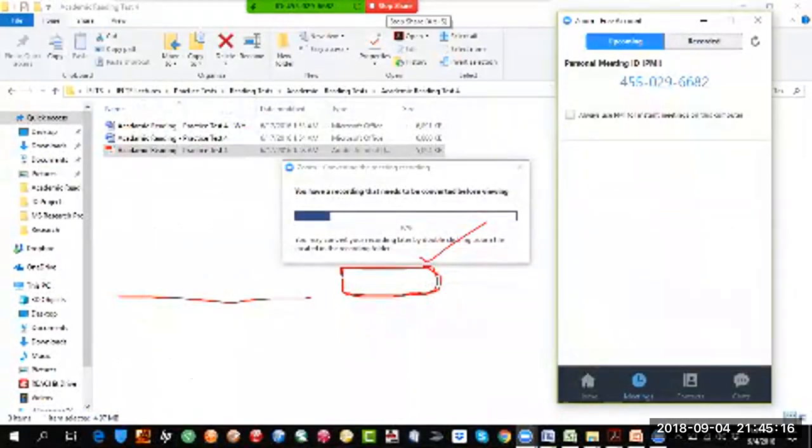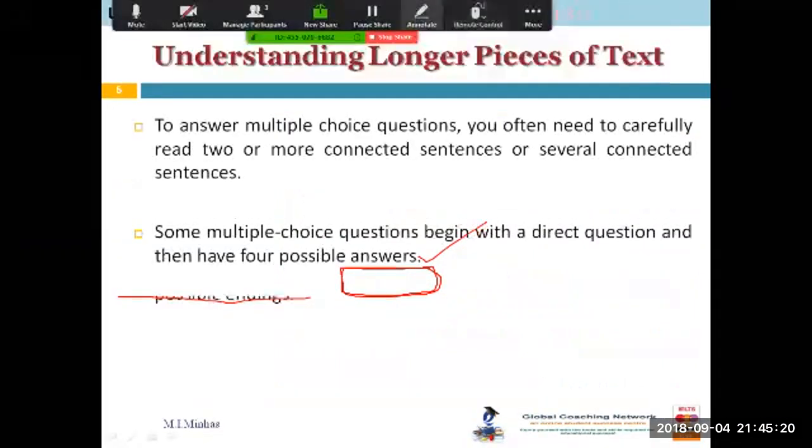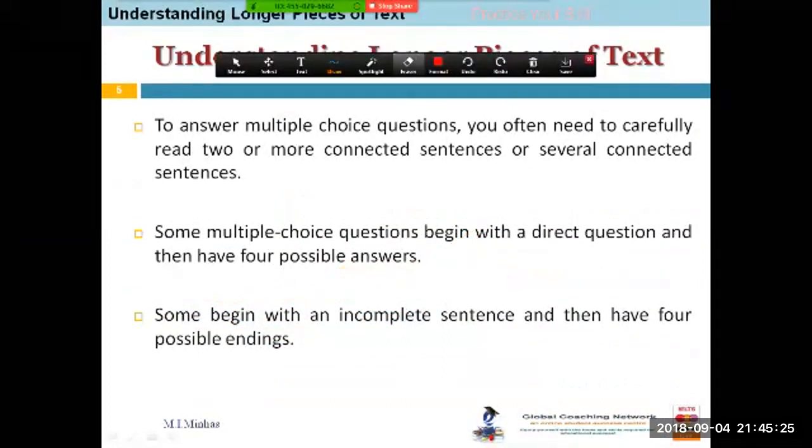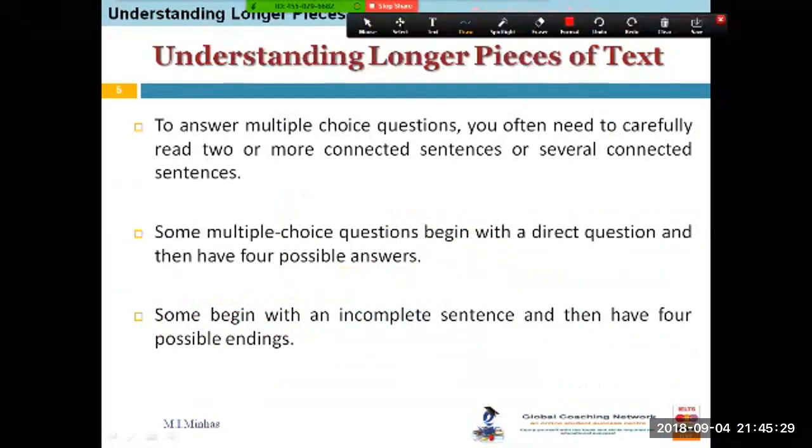Okay, it was here. Now, to answer multiple choice questions, you often need to carefully read two or more connected sentences. Actually, why is it so? Some multiple choice questions begin with a direct question and then have four possible answers.